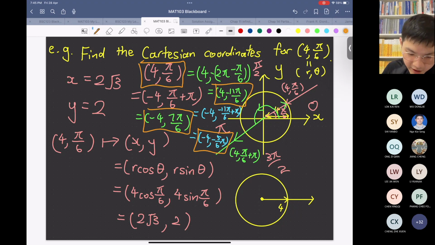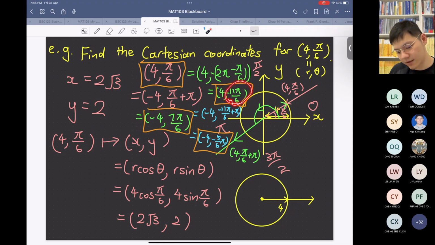You can see that one of them is all positive, one is negative in radius, another is negative in angle, and the other has both negative signs. So these are the 4 equivalent ways you can describe a single point xy in polar coordinates.